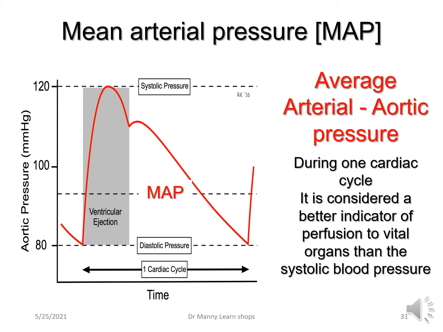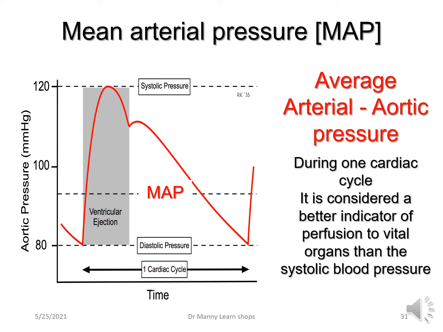When we look at the mean arterial blood pressure, well, this is the average arterial pressure in the aorta or the arterial circulation. And you've got to remember, there are lots of different blood pressures in the body.